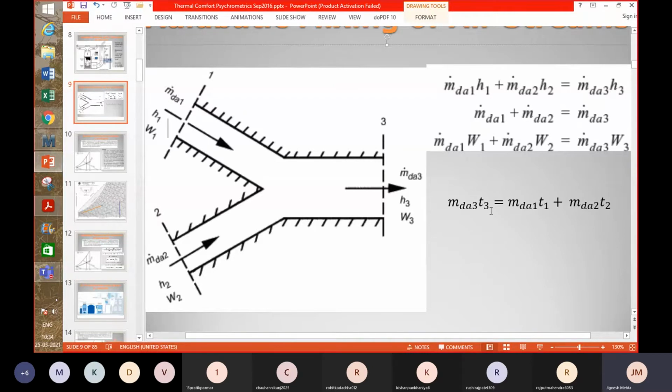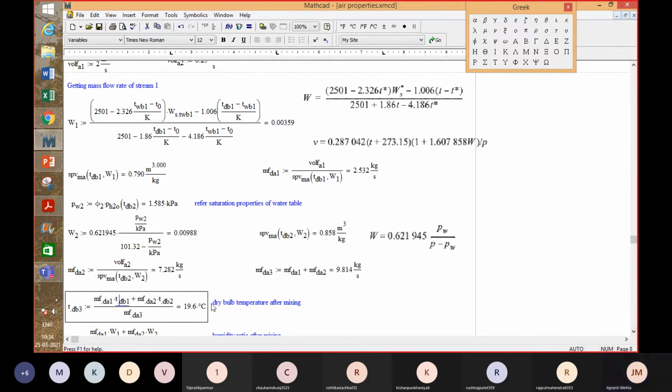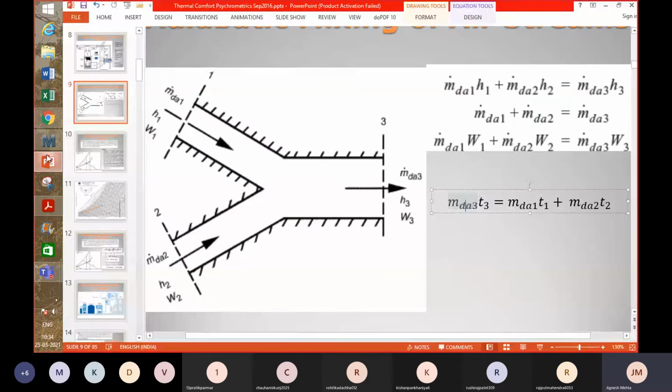This formula can be used to get the dry bulb temperature at point 3, because you already know the dry bulb temperature at points 1 and 2, m dot dA1 and m dot dA2 are known, and m dot dA3 is already found. So with the help of this formula, you get 19.6 degrees Celsius.